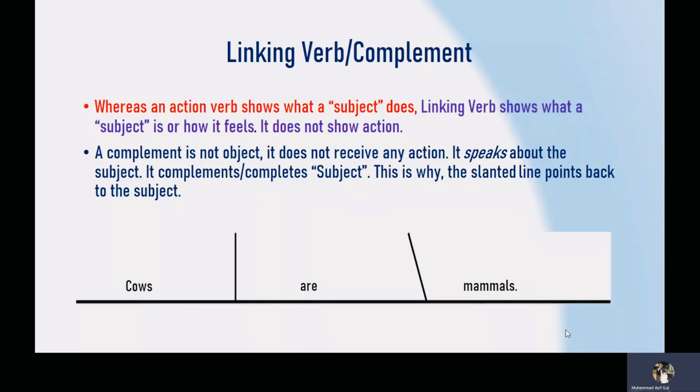It points back towards the subject. It means that the word mammals talks about, says something about, and complements the subject. So this is what we mean by a complement.